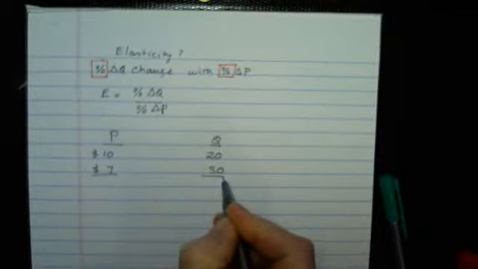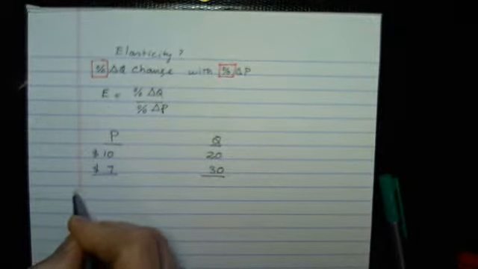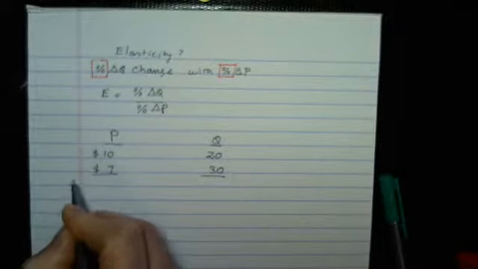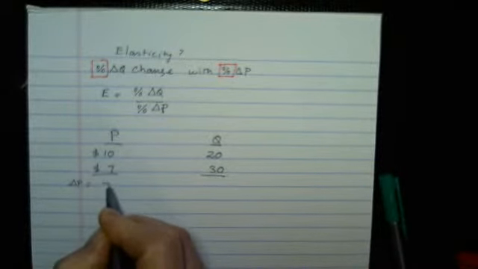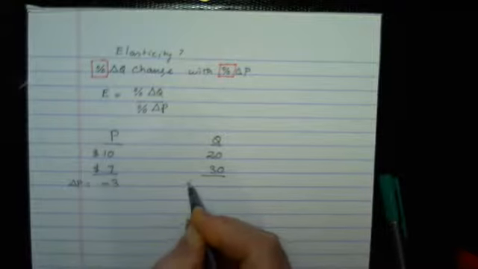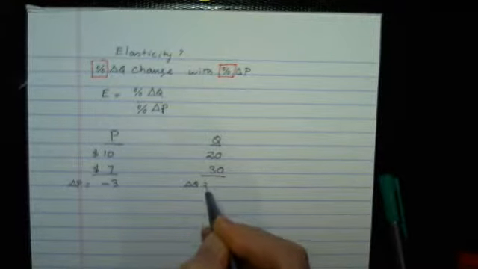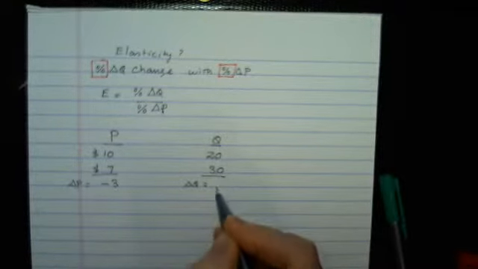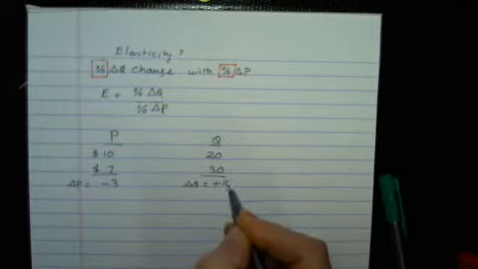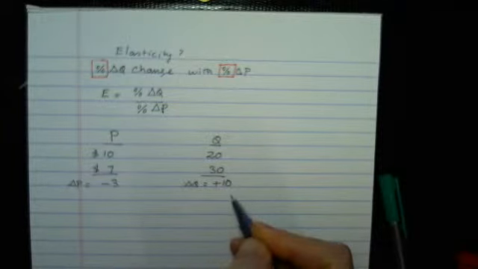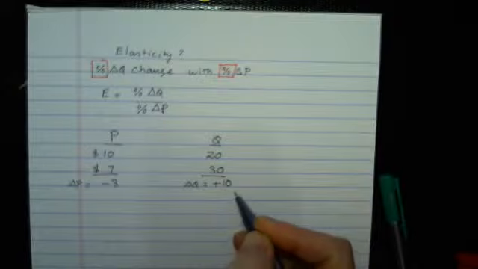The absolute change in price, delta P, would be a $3 decrease, and the absolute change in quantity demanded would be 20 to 30, about a 10 increase. Ten more apples are being sold.